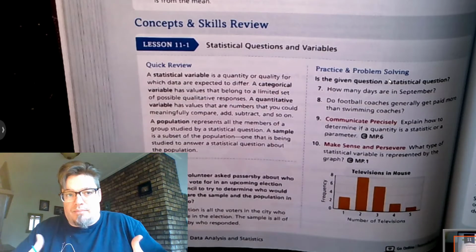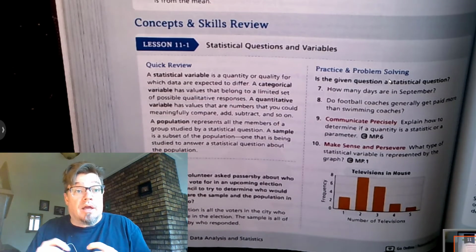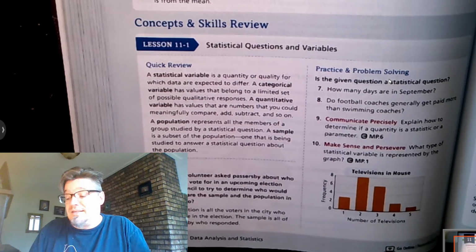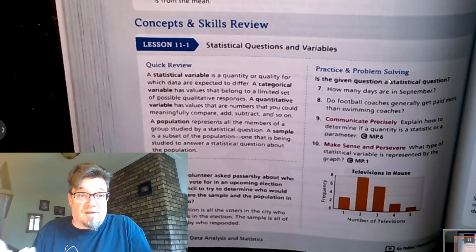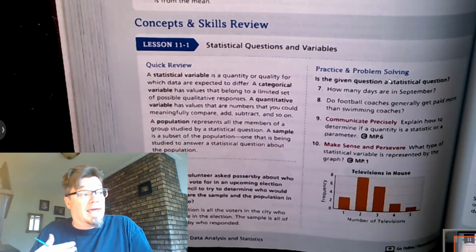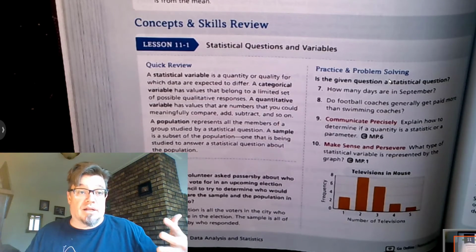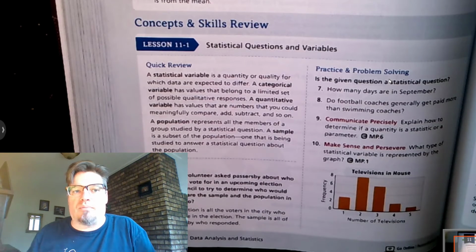The more people you sample, the closer you get to an actual clear and accurate picture of what that population actually is. And that's what you guys did with your survey. You're taking a randomized sample of roughly 50 people, and you're hoping to be pretty close to getting an idea of what the rest of the population is all about. So you guys performed a statistic to estimate a parameter.